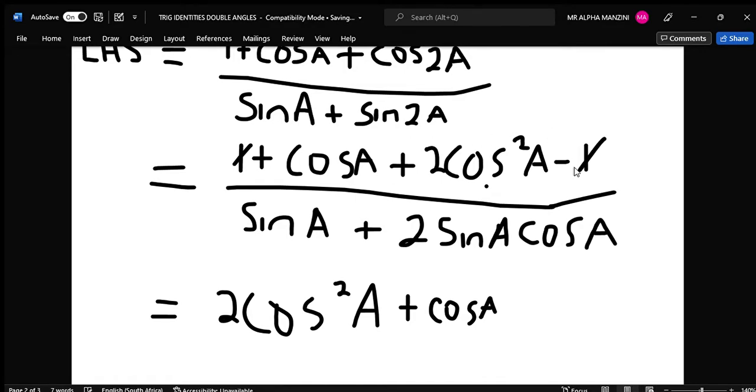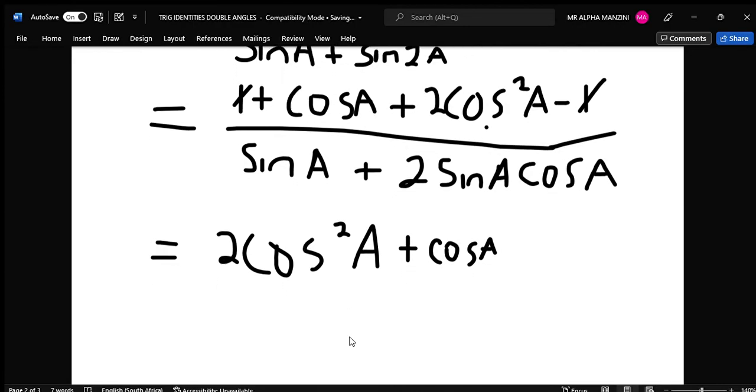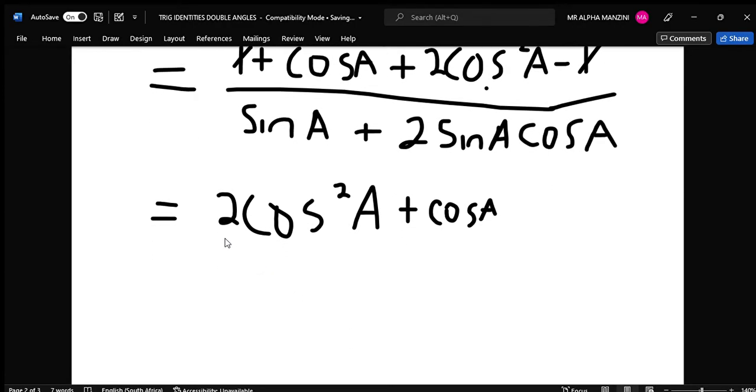So at the top we're left with 2 cos squared A plus cos A.